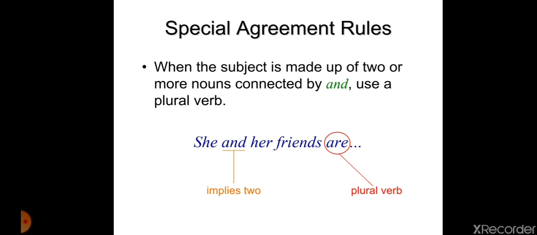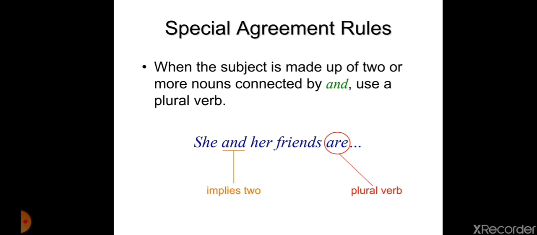Lesson number 2, agreement with compound subjects. So what are compound subjects? A subject where we have more than a word, actually two noun forms connected with different connectives or conjunctions, we can call. When the subject is made up of two or more nouns connected by and, we have to use a plural verb because two nouns become plural.